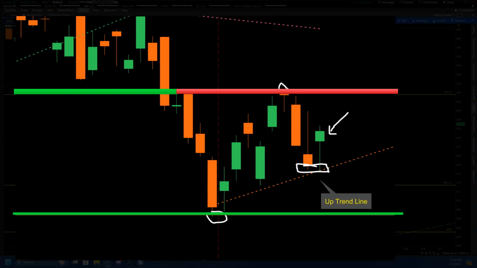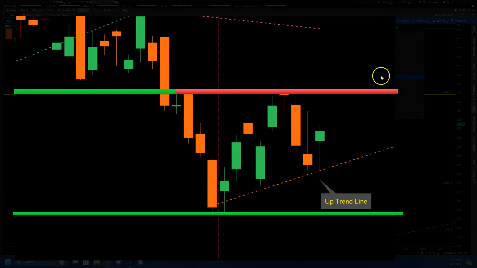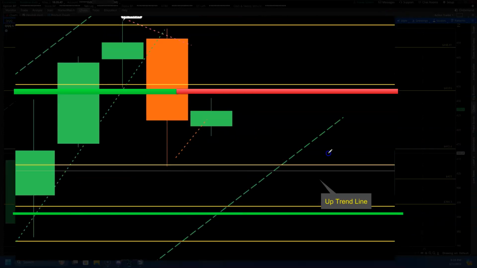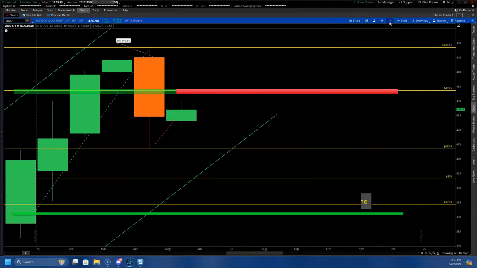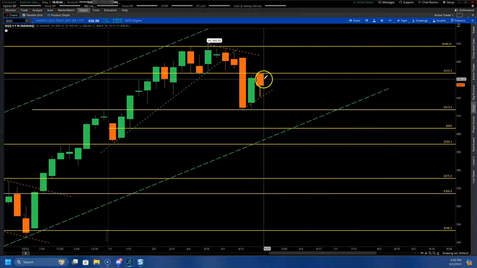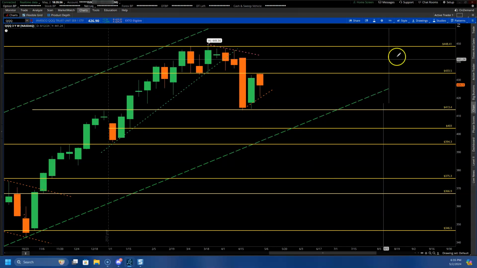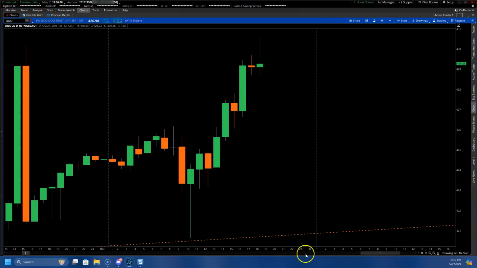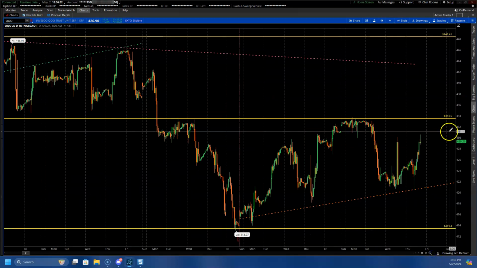If we don't see a nice follow through to the upside tomorrow, a nice weekly bar. Tomorrow is Friday, so if we don't close back all the way up in the weekly chart, it still remains under pressure, and we can see in the coming days a breakdown from this mini uptrend line.